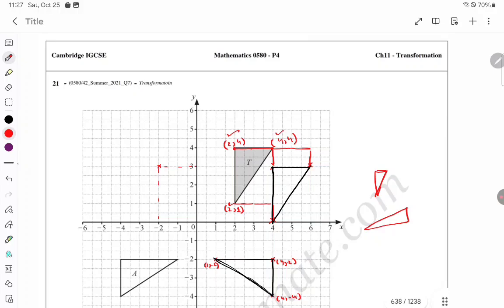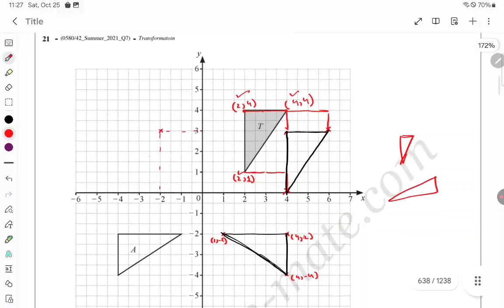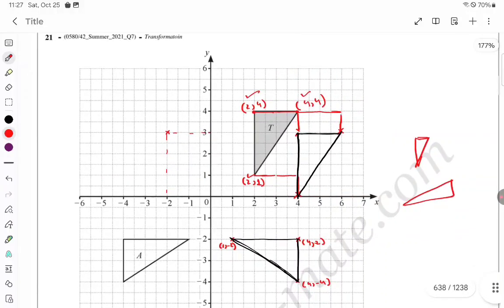Now what are we going to have to do? We have to draw the two lines from the given triangle, and from the other point as well.